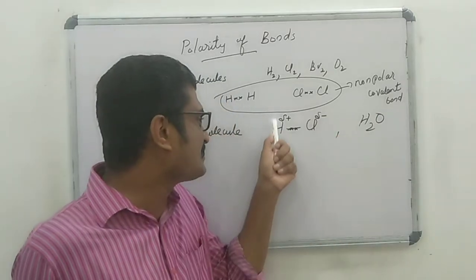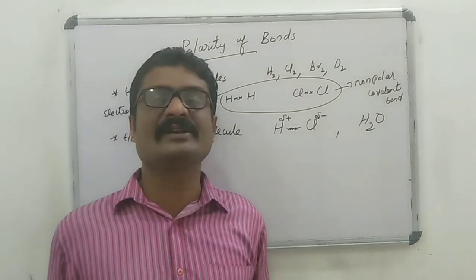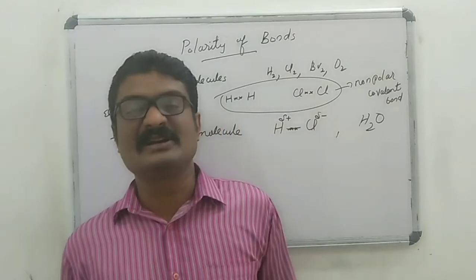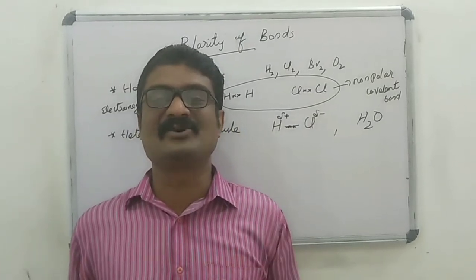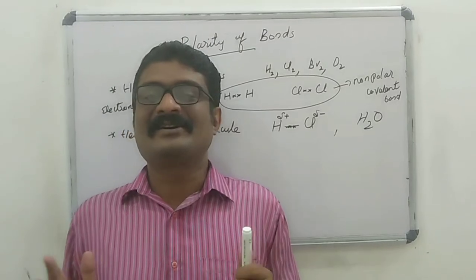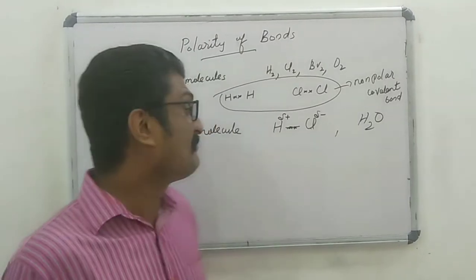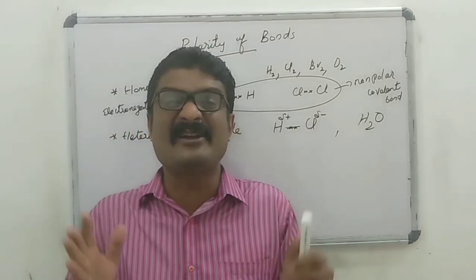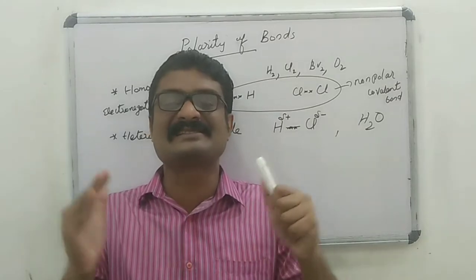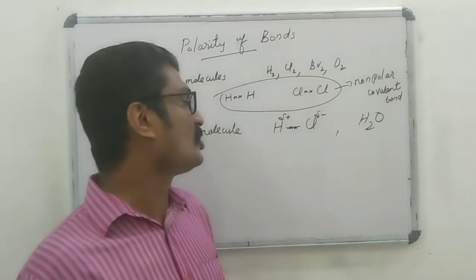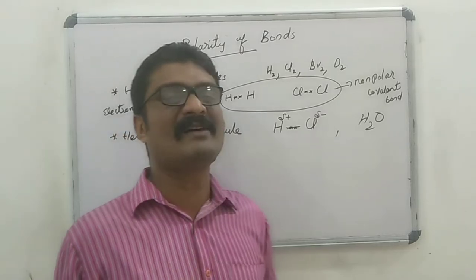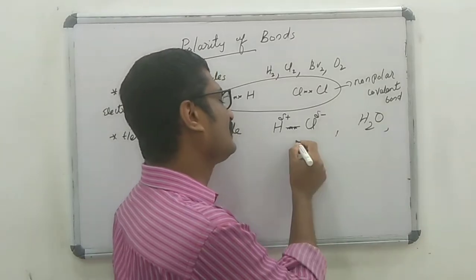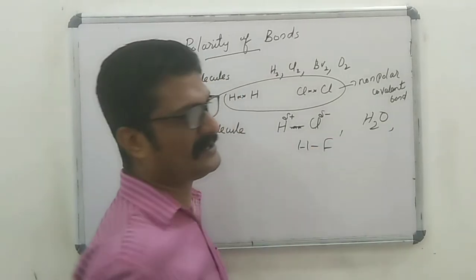The electron density around the less electronegative atom, in this example hydrogen, decreases and it attains a slight positive charge. Thus a partial ionic character arises in the covalent bond, and it is called a polar covalent bond. Examples: HCl, H2O, HF, etc.